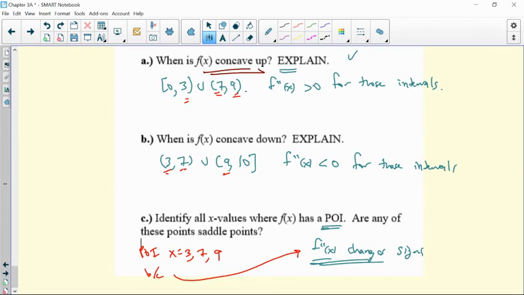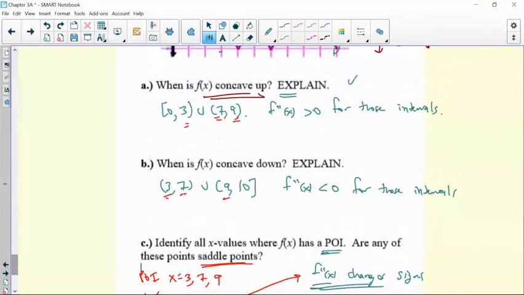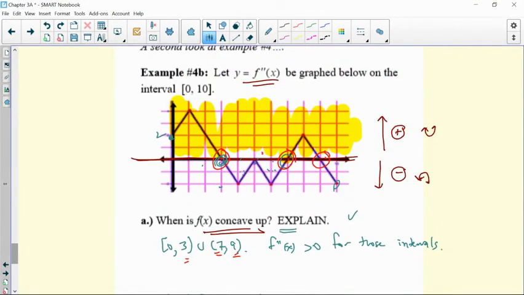Now, are any of these saddle points? Well, the thing is, how do you know you're a saddle point? Your first derivative must equal 0. So, looking at a second derivative graph, how do you tell your first derivative is 0? Okay, long pause, let you think, but you can't. That's the thing. You have no idea. You lose that bit of definition of that function every time you take a derivative, and you can't go back.